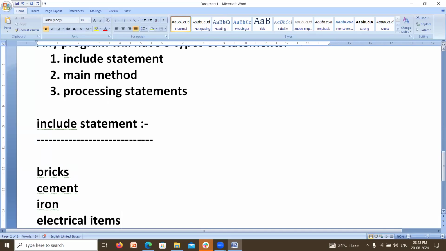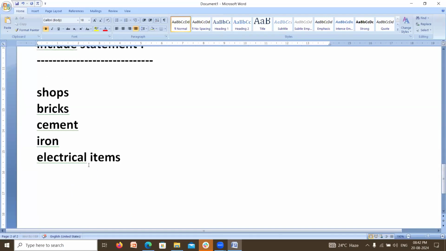All these are not created by me, or we need to purchase from shops. Why? Because all these are available in the market. There are so many shops. We need to go to them, purchase all the items, and we can construct the house.